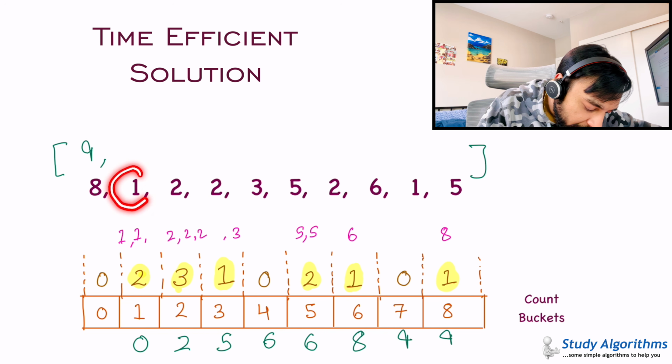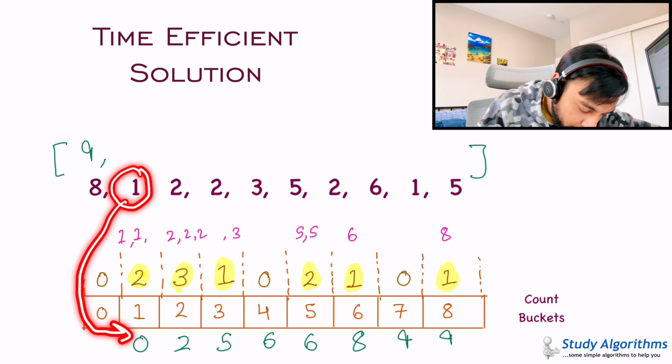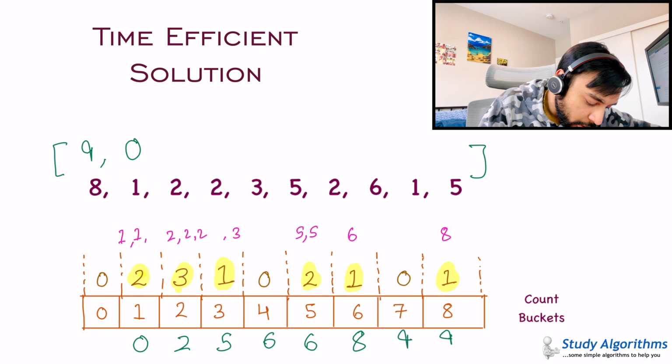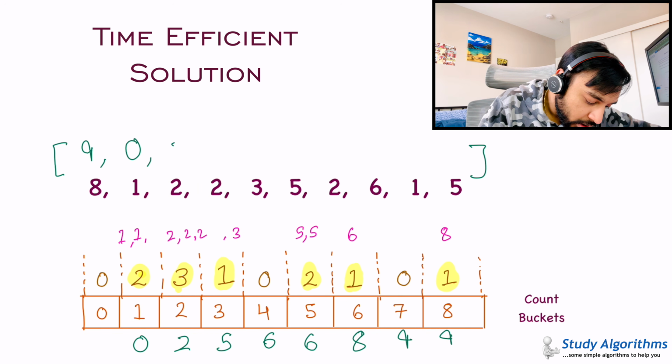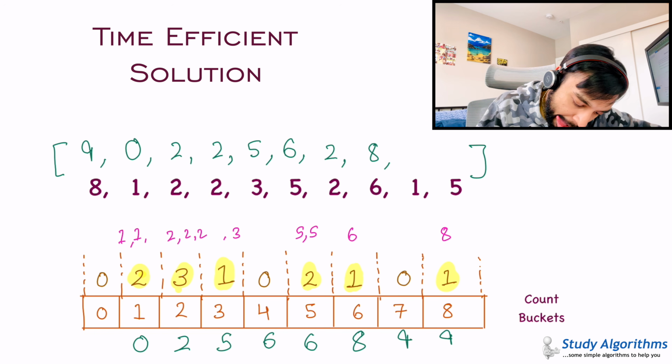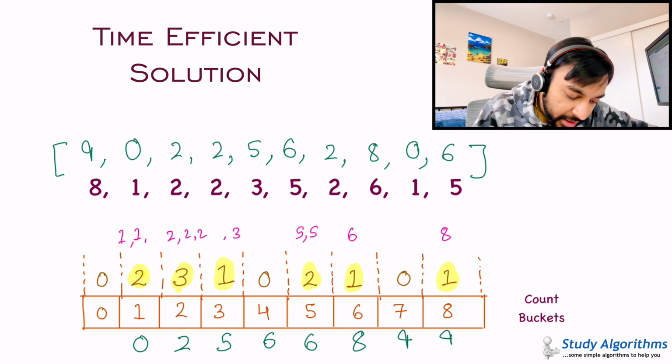To find the number of elements smaller than 1, look at this value. That is 0. So I will write down 0 over here. To find the number of elements smaller than 2, you can look at this value. It's 2, right? Similarly, you can populate this entire array, and hence this will be your answer.